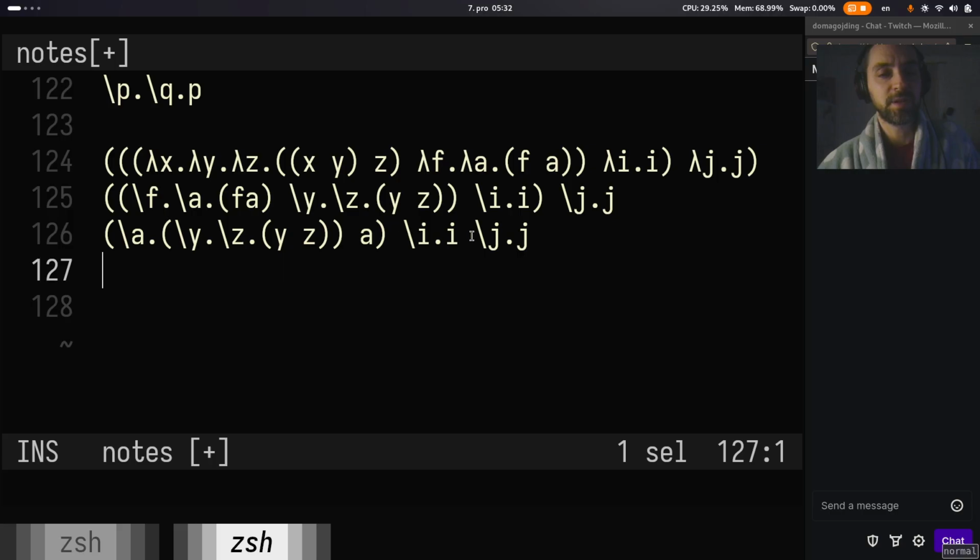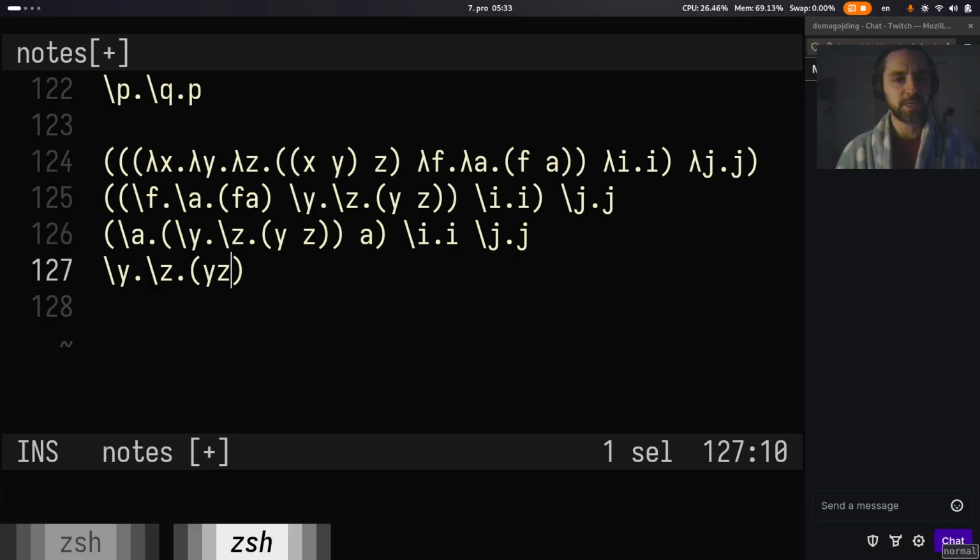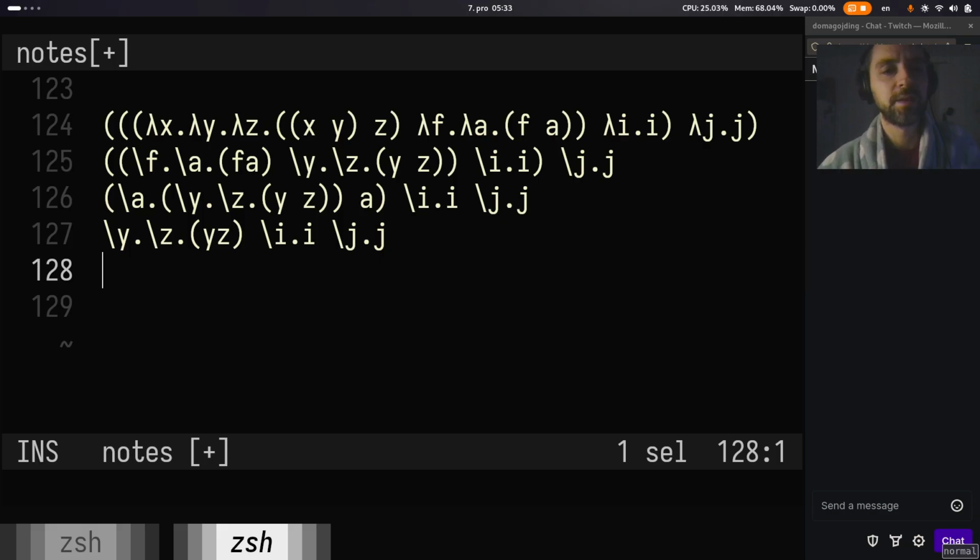So now we have to start with lambda i. Lambda i is going to substitute the a. So we're going to have lambda y dot, lambda z. We just copy this out, yz. And instead of a, we're going to put lambda i dot i. And outside of that, we're still going to have lambda j dot j. Right? That's what we have now. Lambda y dot, lambda z dot, yz being applied to lambda a dot, lambda i dot i.